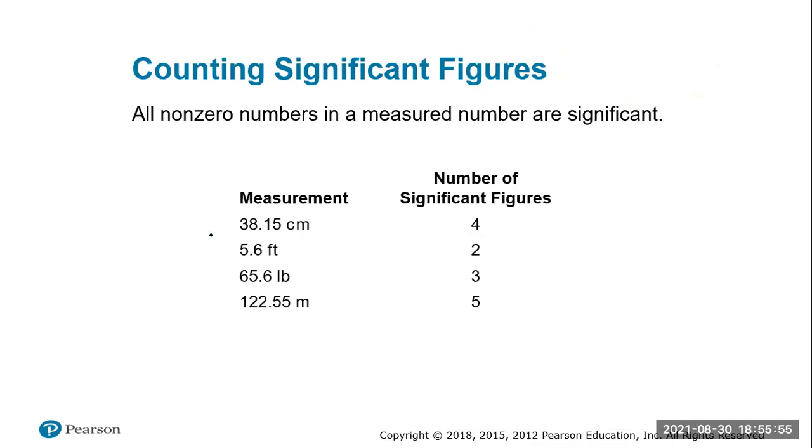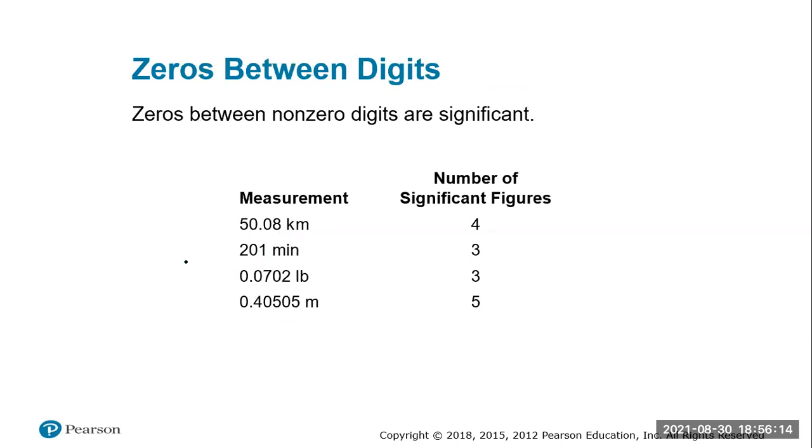So if we look at these here, this has 4 significant figures, starting to count with the 3. They're all significant. This has 2, starting with the 5, 6, obviously, the 3, and starting with the 1 here, all these guys would be significant, which would give us 5 significant figures. Again, our zeros, these are trapped zeros, so these are significant, so that's 4.